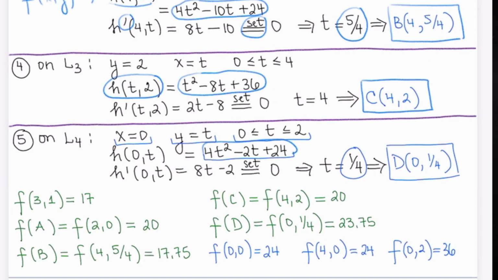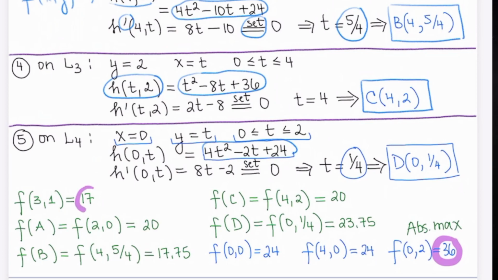Okay, so by inspection, let's see what is the largest value. The largest value is over here. Okay, so f evaluated at (0, 2) is 36. That's going to be our absolute maximum. Okay, and what about the absolute minimum?